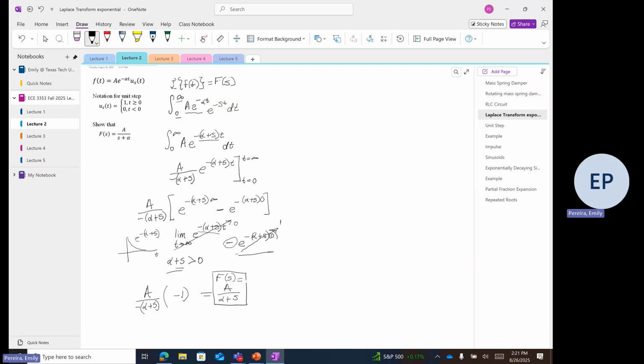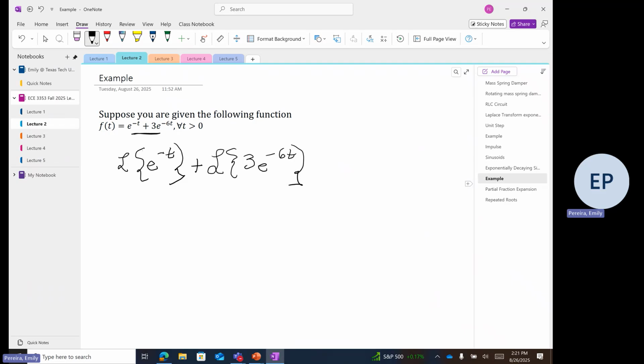So here we don't have a gain, it's just e to the negative t. So our alpha is 1, and a is 1. So in our example, this is 1 over s plus 1. And similarly, this is 3 over 6 plus s. Okay, so we can add these together, and this gives us our F of s.